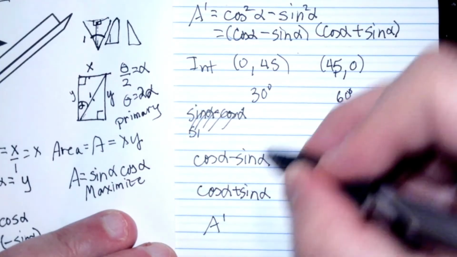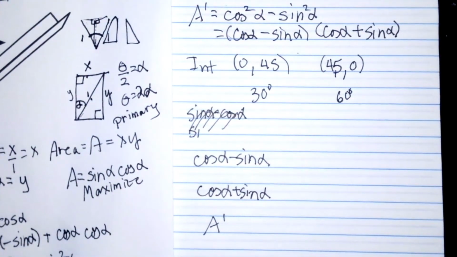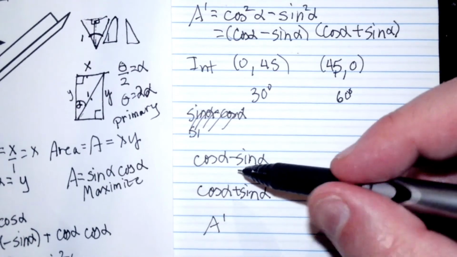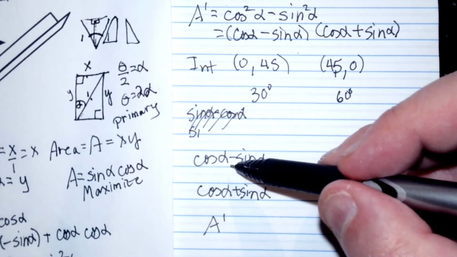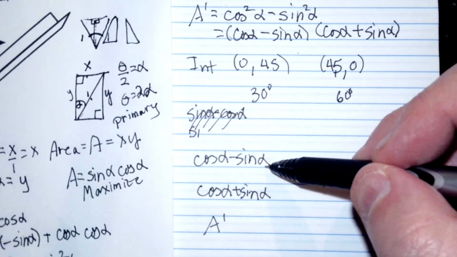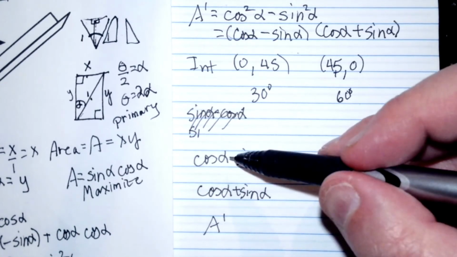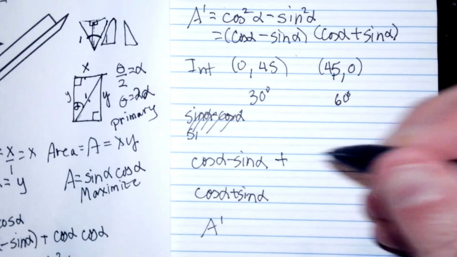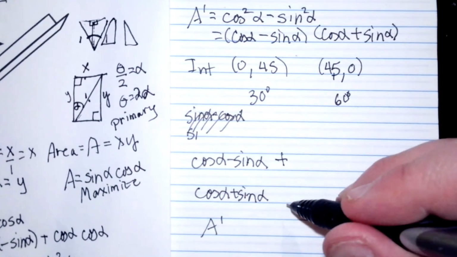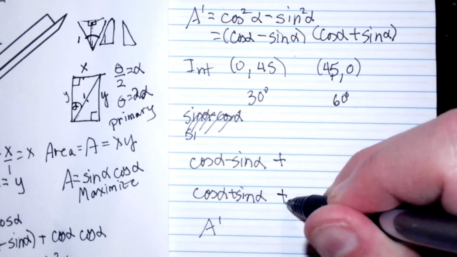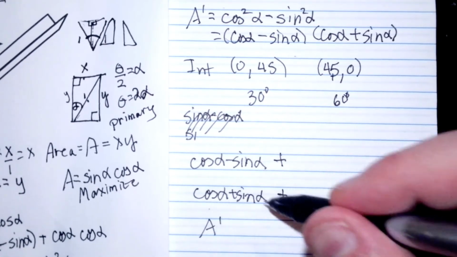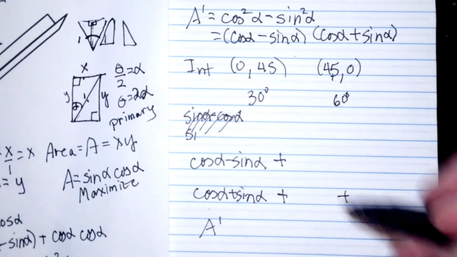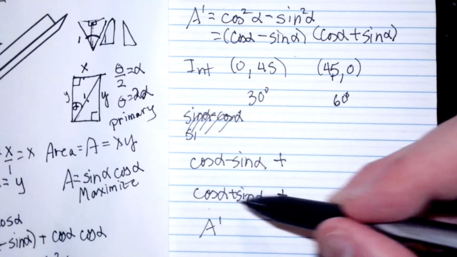Our A prime is actually this times this. Alright, so if we put in 30 degrees, cosine of 30 degrees is root 3 over 2. Sine of alpha is 1/2. I believe that's going to be positive. And actually I know this cosine alpha plus sine alpha is always going to be positive because sine alpha and cosine alpha are both positive. That's made up of two positive things.